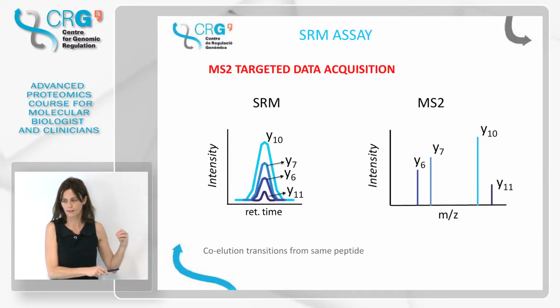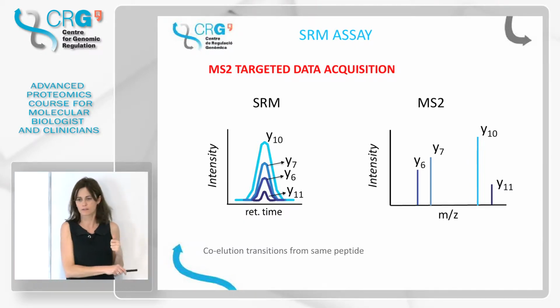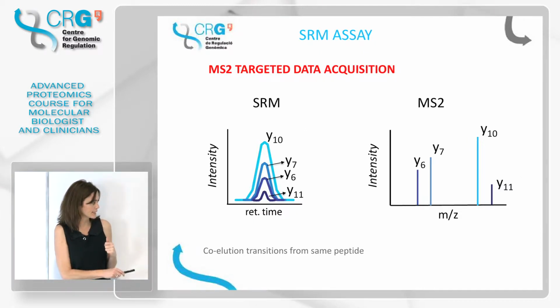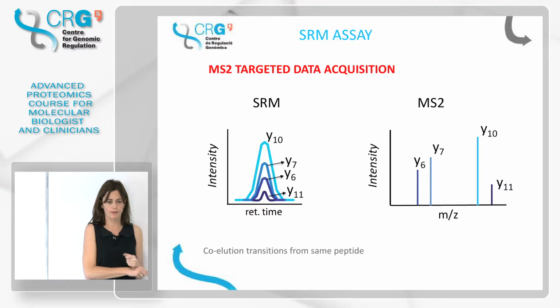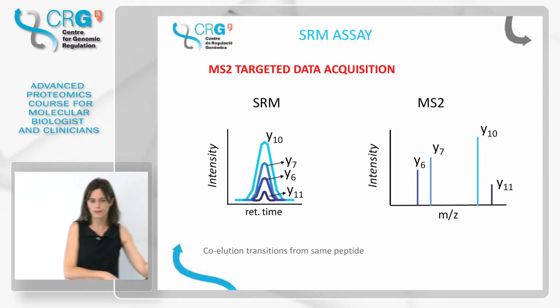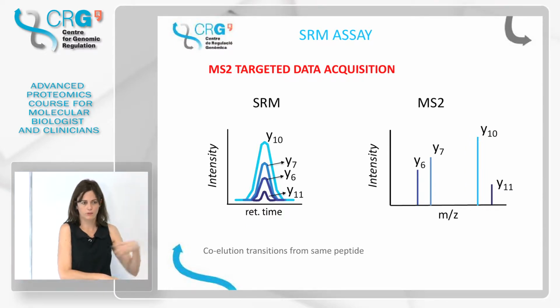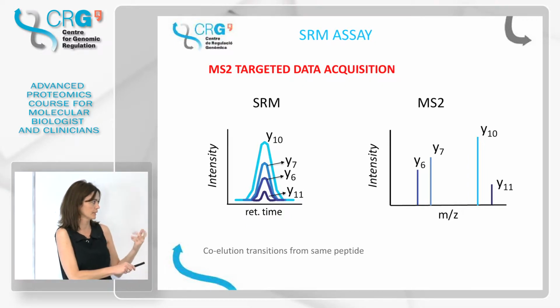The equivalent in SRM would be this. Okay? The intensity still corresponds to the intensity of an MS2 spectra, which would be fragmenting the peptide and looking at everything. So the intense ions are still the most intense ion.